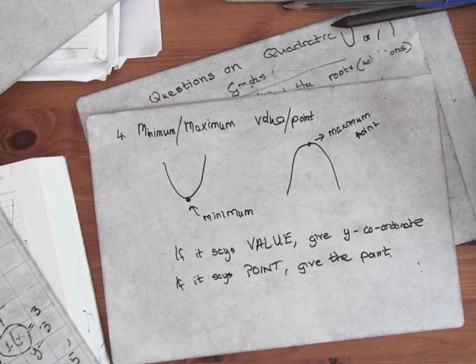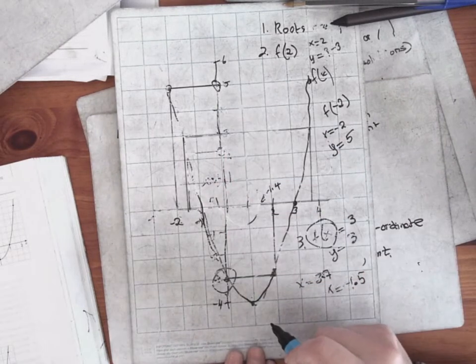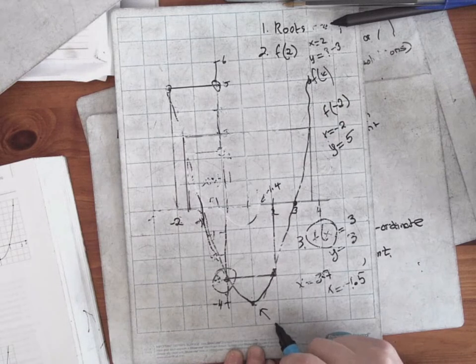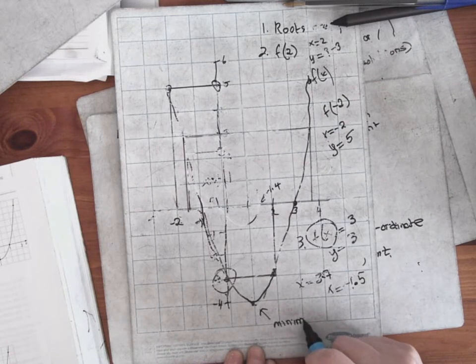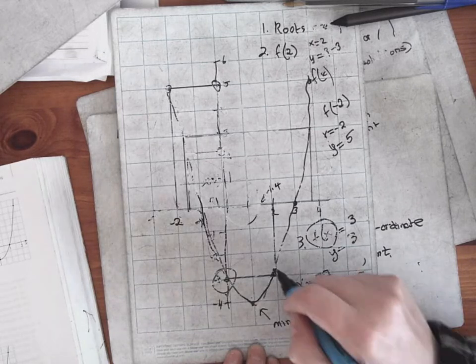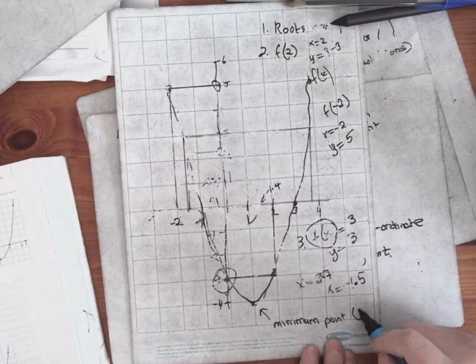Yeah, right, okay. So if I go back to this graph, girls, this graph is U-shaped, so they'll ask you for the minimum. They'd never ask you for the maximum here because there is no maximum. So the minimum point, if it wasn't rubbed out, it would be across 1 down to -4.